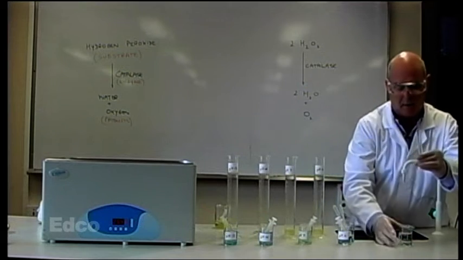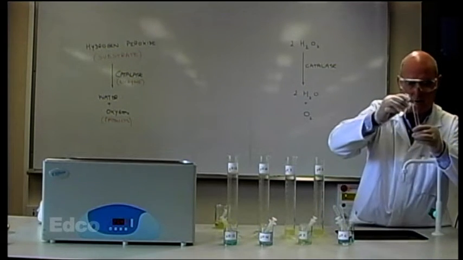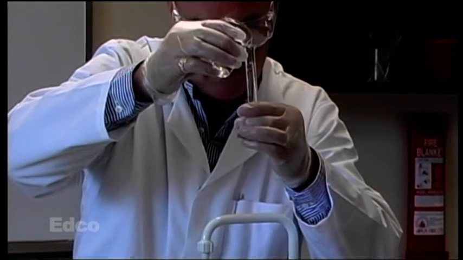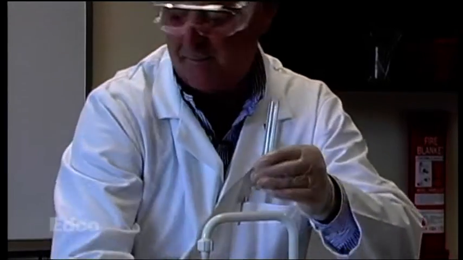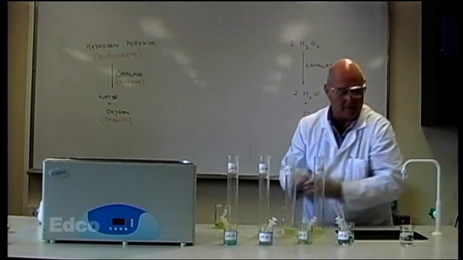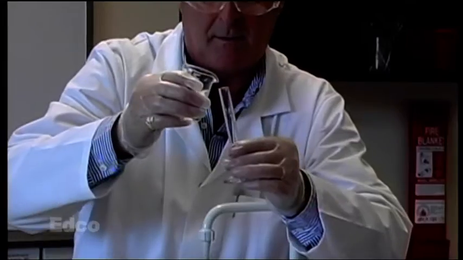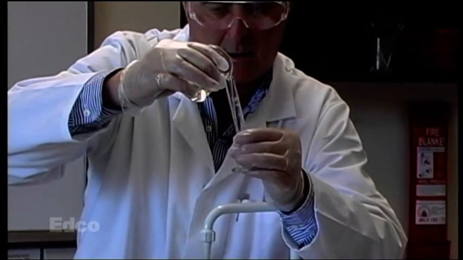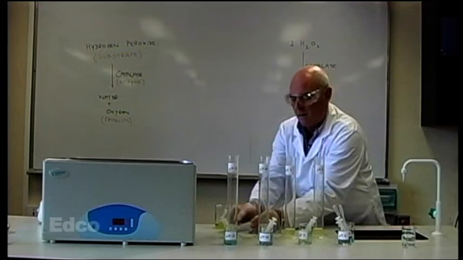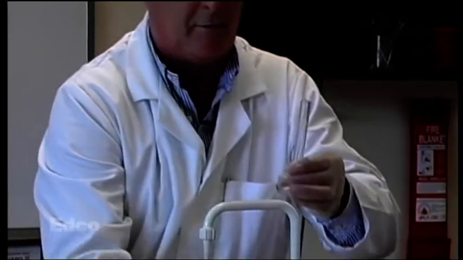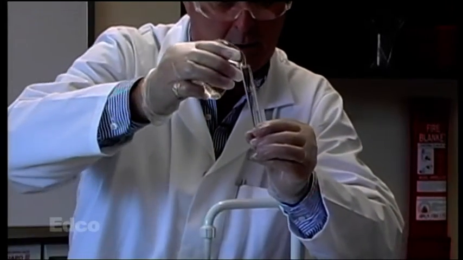Five into the second one. Five cubic centimetres of hydrogen peroxide again. And finally, 5 more into this graduated cylinder.